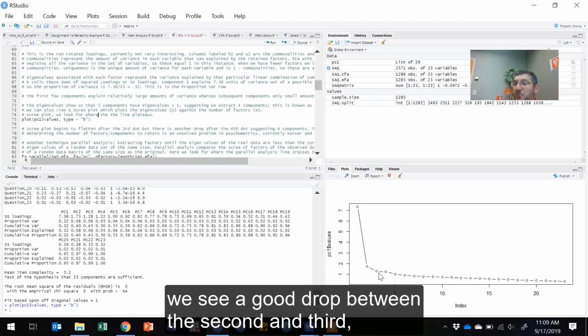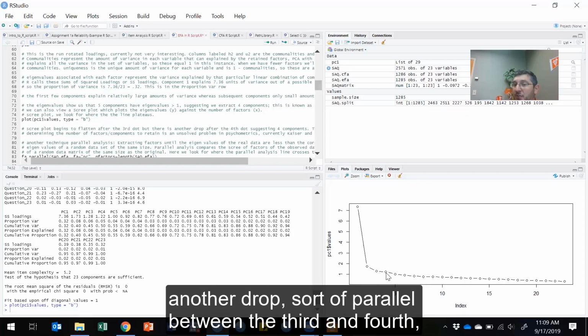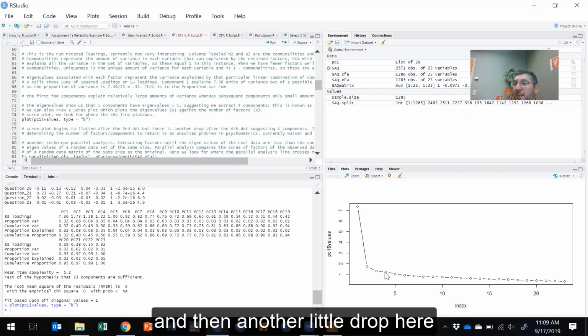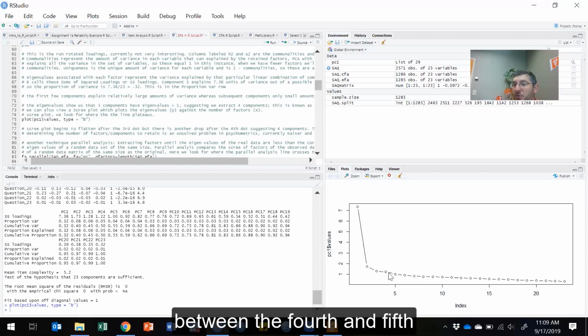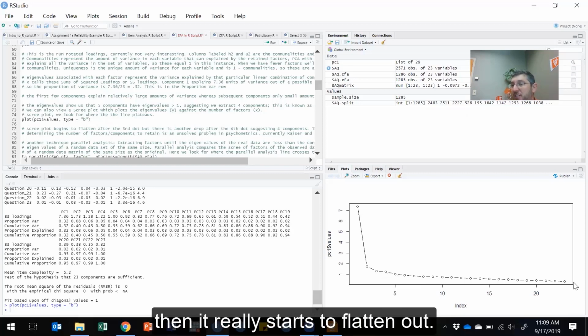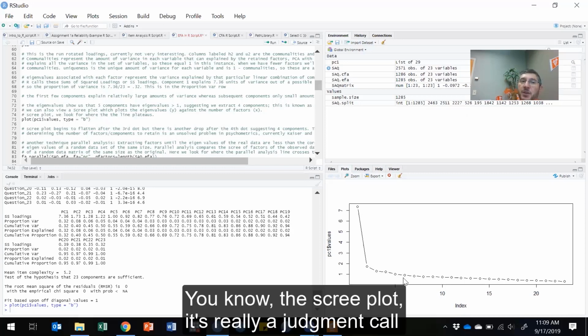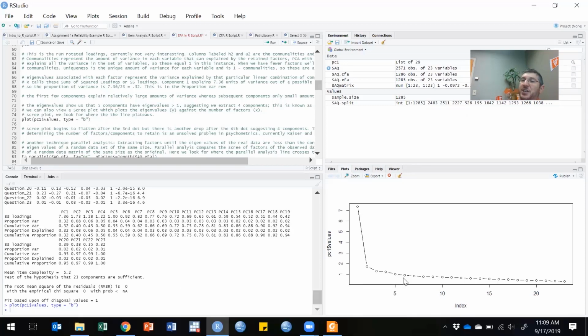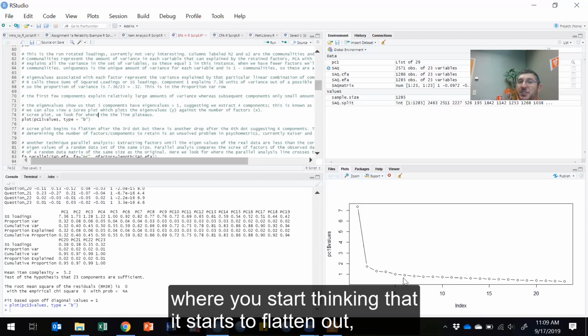We see a good drop between the second and third. Another drop sort of parallel between the third and fourth, and then another little drop between the fourth and fifth, and it really starts to flatten out. With the scree plot, it's really a judgment call where you think it starts to flatten out.